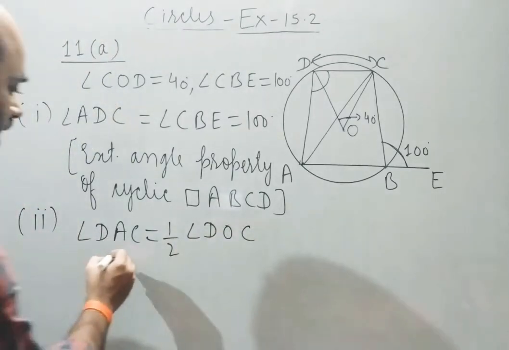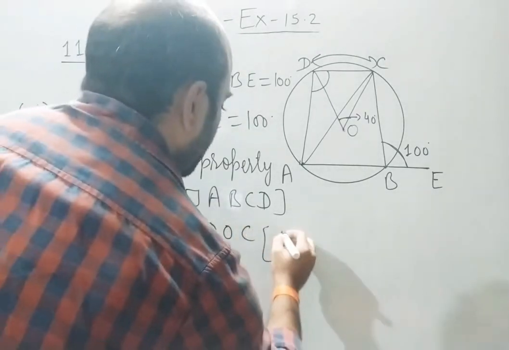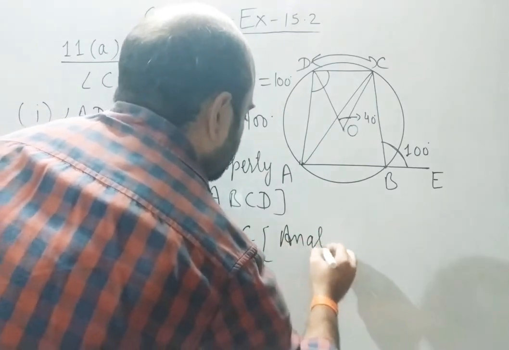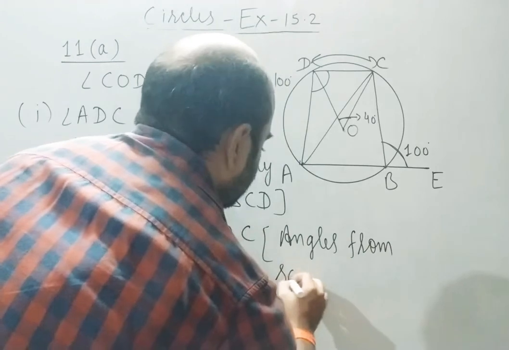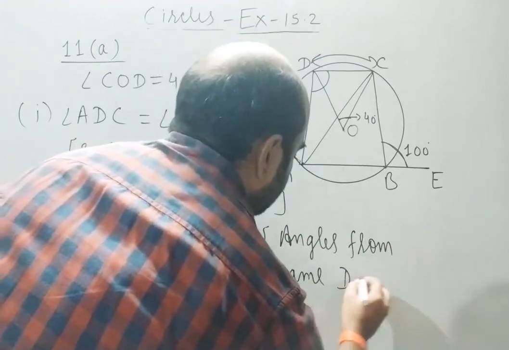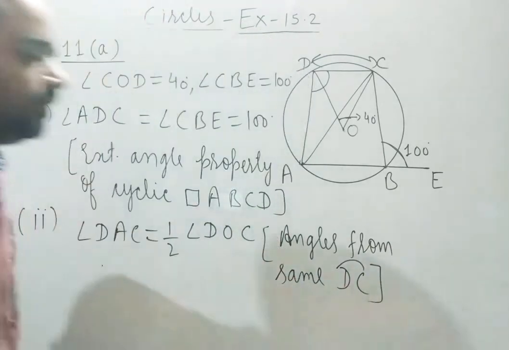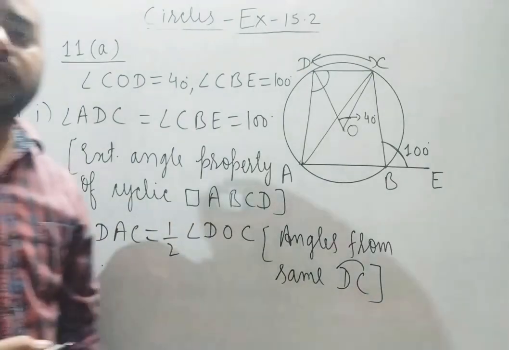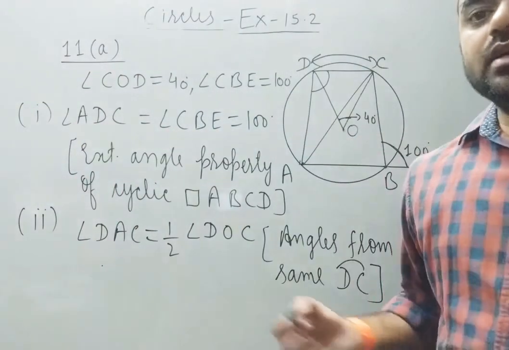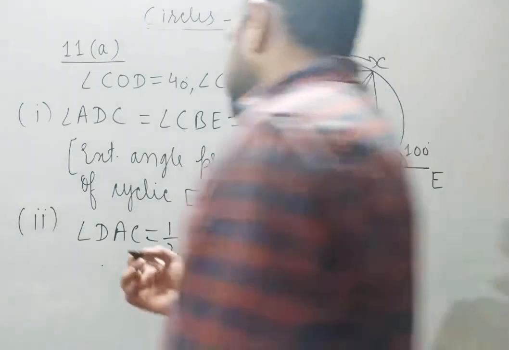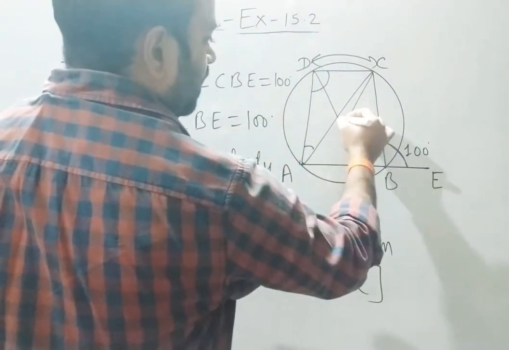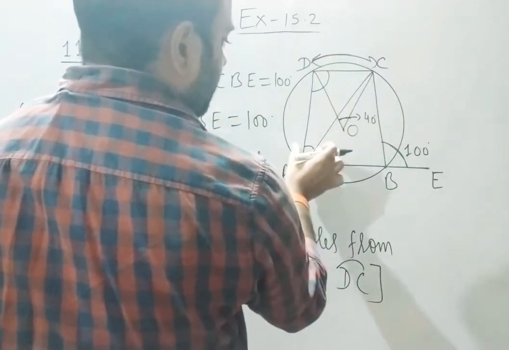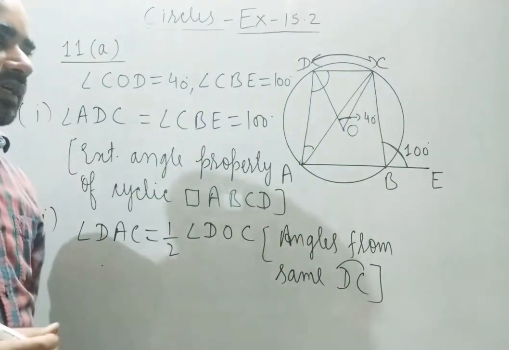Why? Angles from the same arc DC. So angle DAC is equal to half of this angle. Why? One is at the circumference, one is at the center by the same arc.